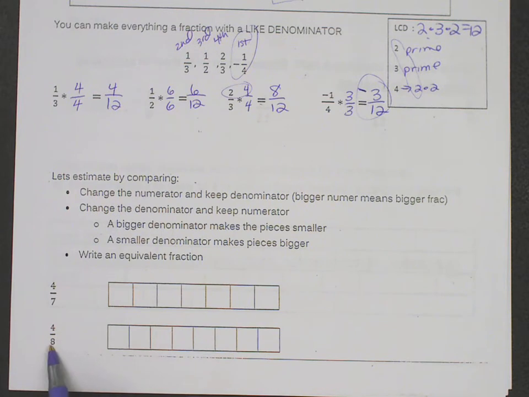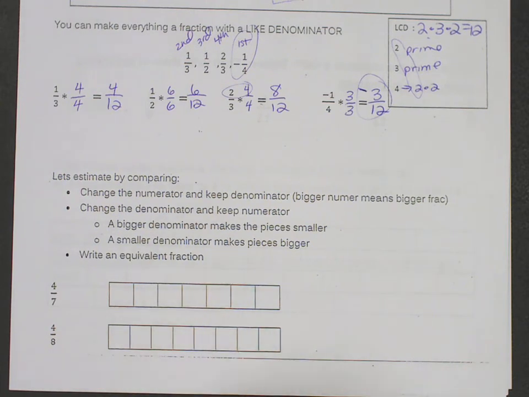If it has a bigger denominator, that means like you're going to a party with more people and you have to share the same amount of pizza. If you have to go to a party with 8 people and share pizza, you're going to have smaller slices to make it go around to everybody. So more people at the party, smaller pieces of pizza. The bigger the denominator, the smaller the pieces are.